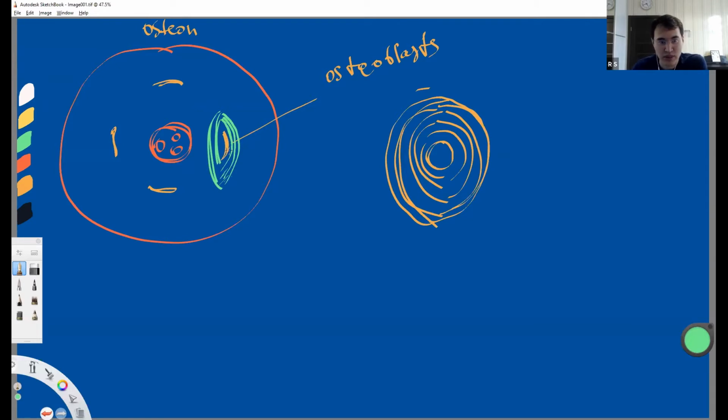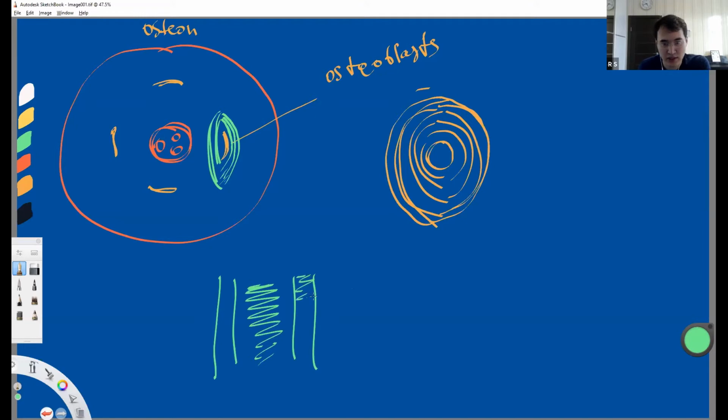That's why in compact bone tissue, which is on the outer side of the bone, so here it is hollow, and this is the compact bone tissue, the strength of this compact tissue is related to these osteons and the lamella that are produced by the osteoblasts.